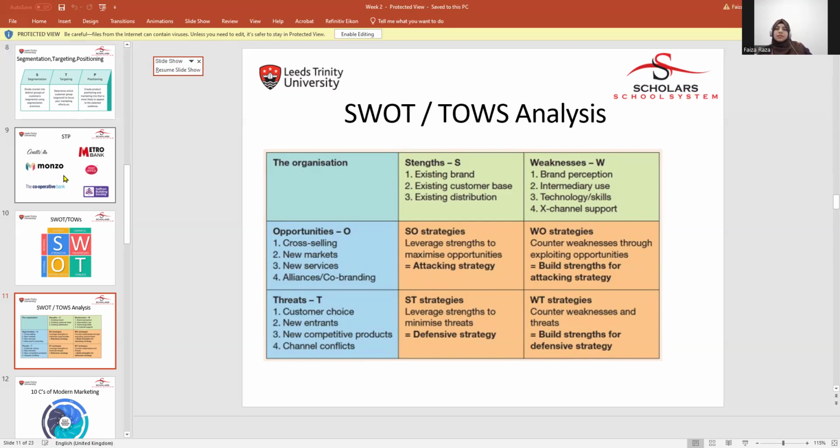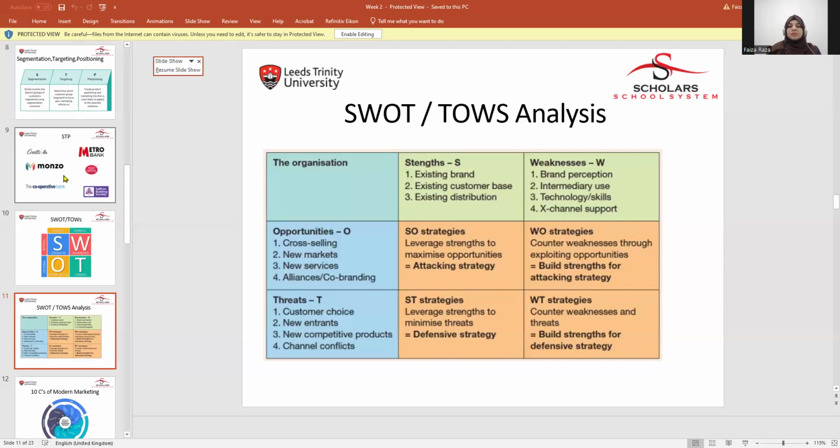Then there are the strength and opportunity strategies, which leverage strengths to maximize opportunities, like an attacking strategy. Then the weakness and opportunity strategies work together to counter weaknesses by exploiting opportunities, like building strengths for an attacking strategy.